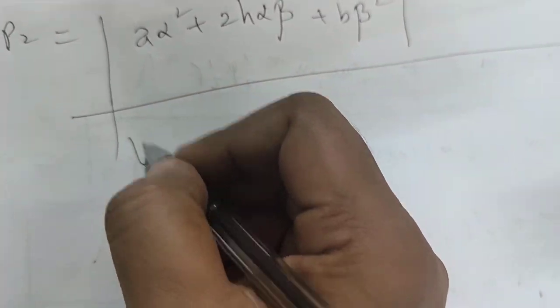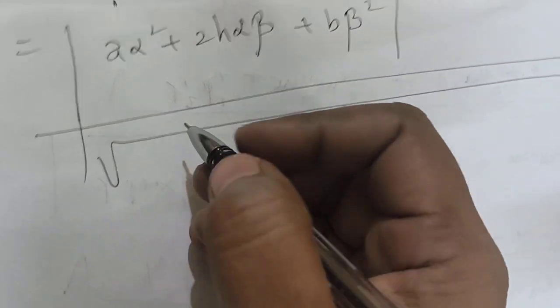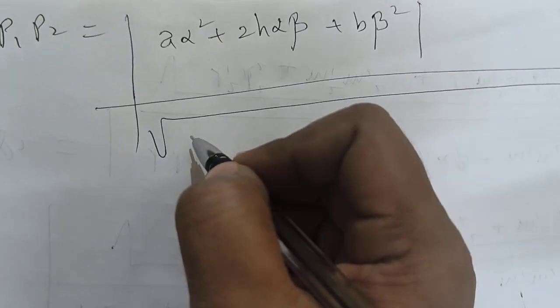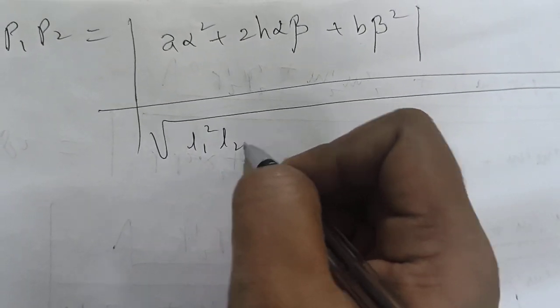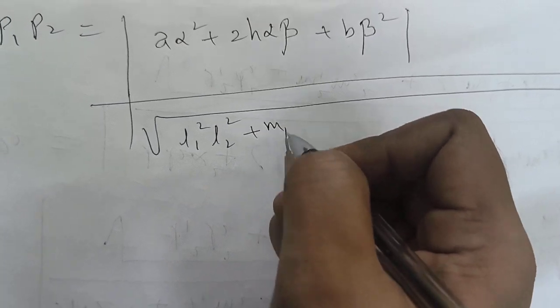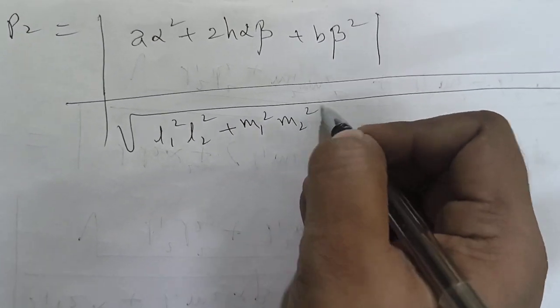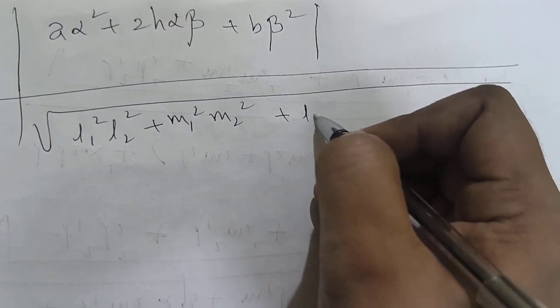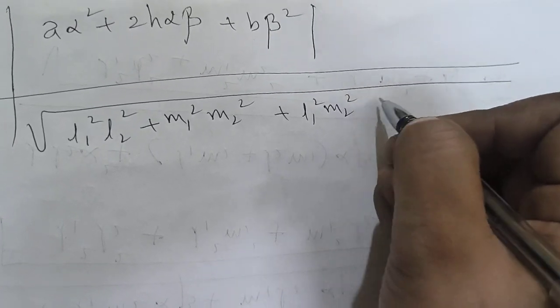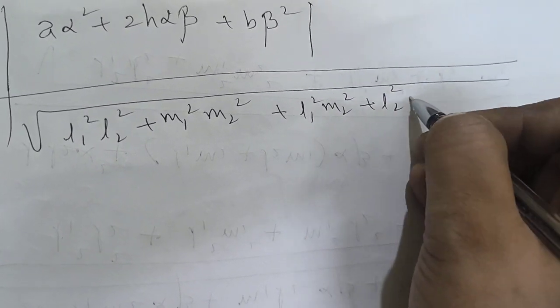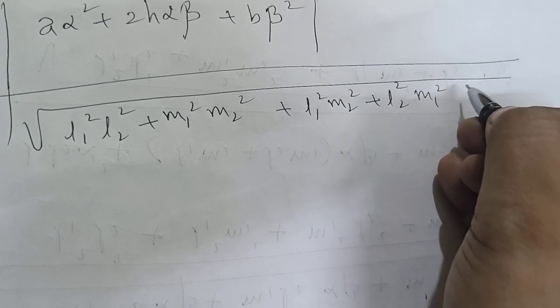First we will write the denominator as it is, after that we will substitute it. It is l1 square l2 square plus m1 square m2 square plus l1 square m2 square plus l2 square m1 square.